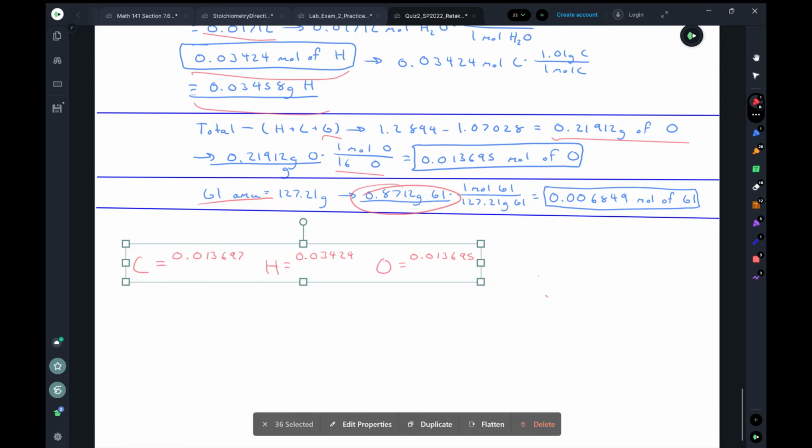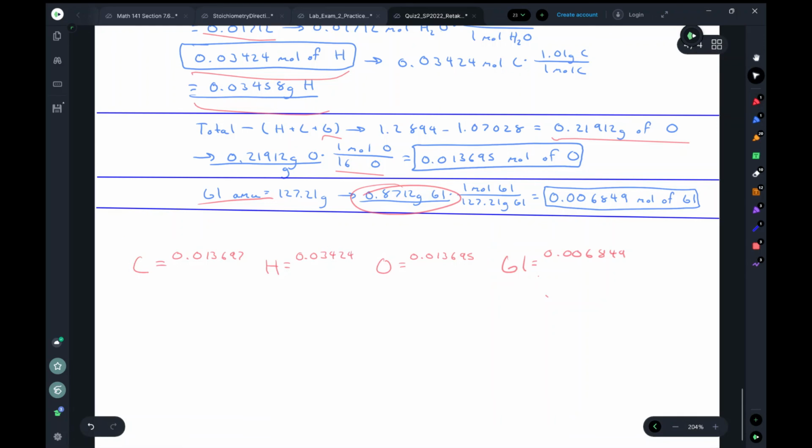We converted that amount of grams of glitterium into moles. Now, going amongst these values, we can see that glitterium has the lowest amount of moles compared to the rest of them.